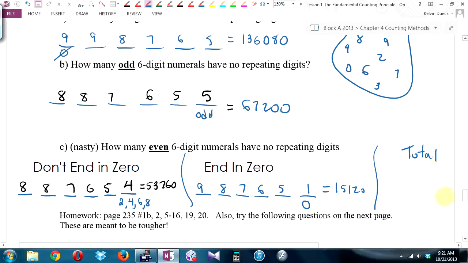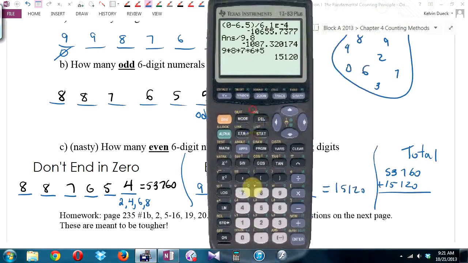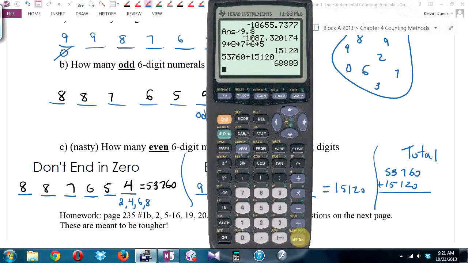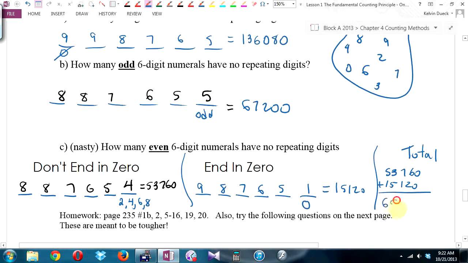Total is going to be 53,760 plus 15,120. How many even numbers are there? 68,880. Is that right, Ellen? I think, yes?